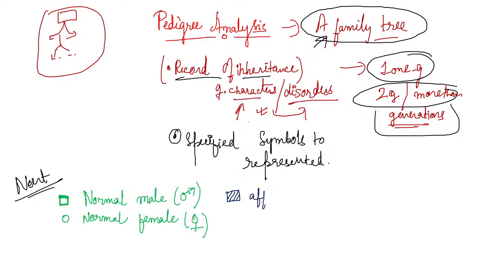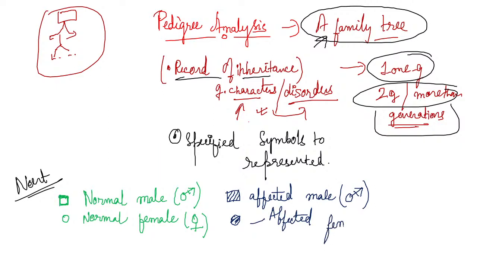So this will be depicting the affected male, and this will be depicting the affected female, right? Affected means diseased. One who is not at ease is in disease, right? Here also, affected means disease.